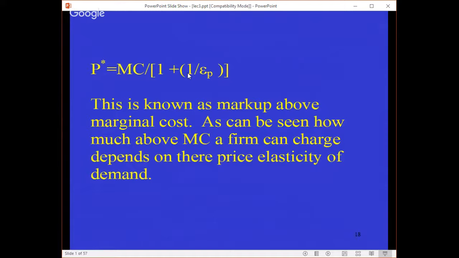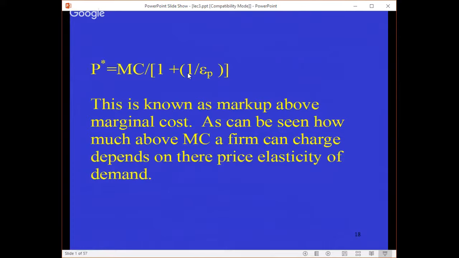Let's say epsilon was negative 0.5. What would 1 over epsilon be? Negative 2. So I have P equal to marginal cost over negative 1, so I have basically a negative markup. I don't want that, right?